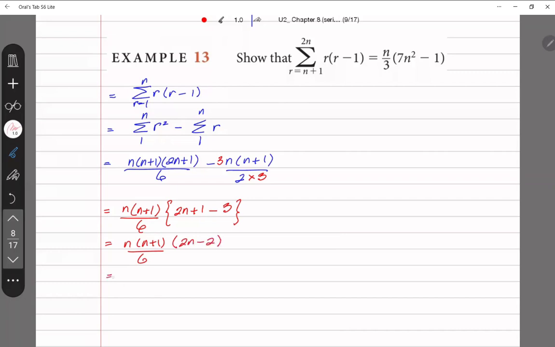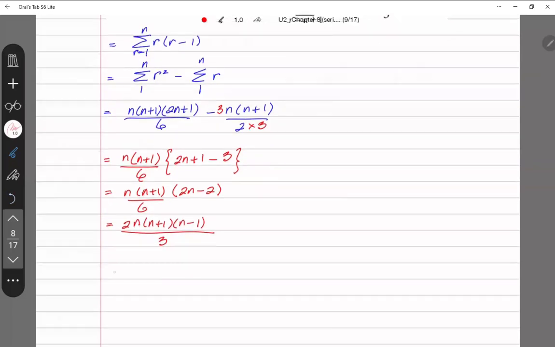If I factor out the 2, I would have 2 into n plus 1 multiplied by n minus 1. Sorry, I left out something. It's 2n into n plus 1 multiplied by n minus 1 because I factored out the 2 and this is over 3. This would work out to be, sorry, not 3, jumping the gun, over 6. This is 1, this is 3.